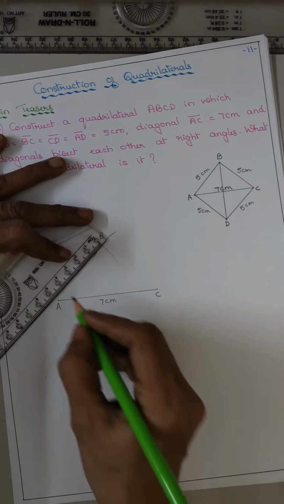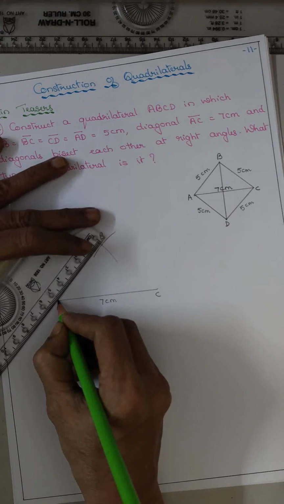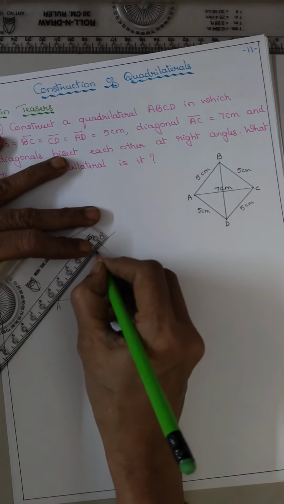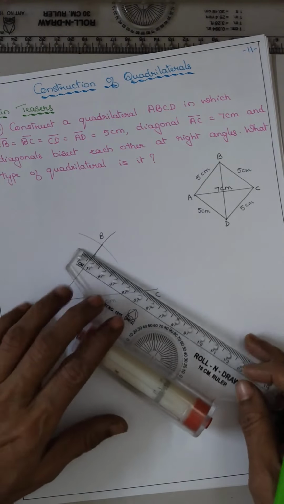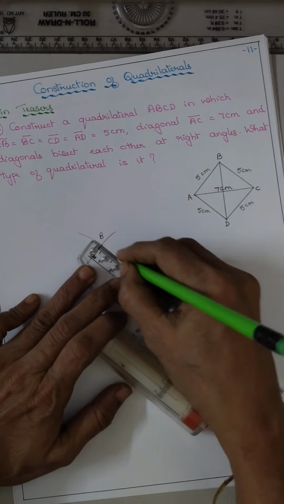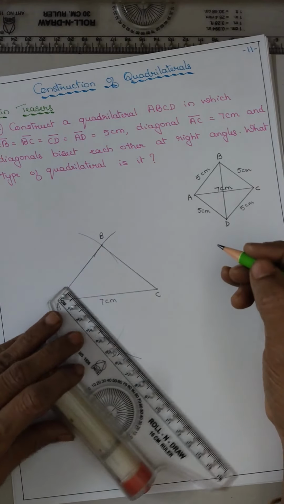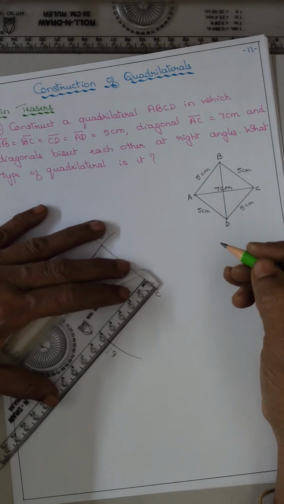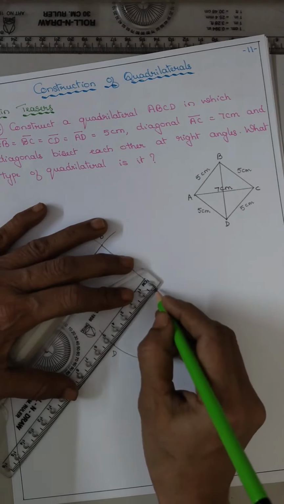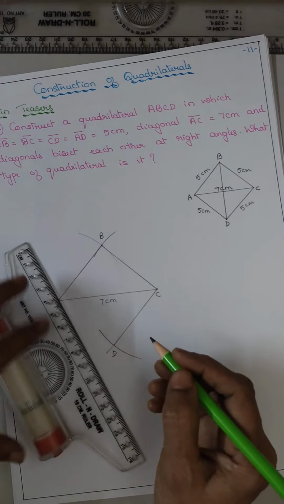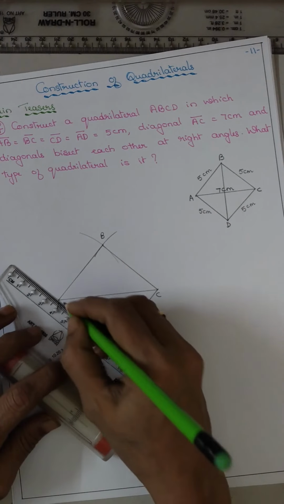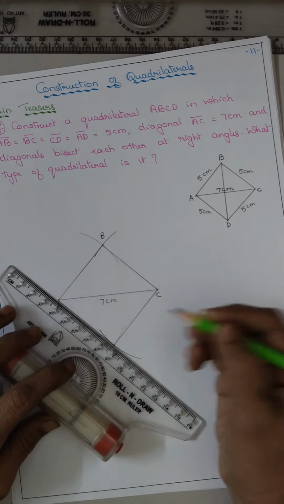It is AB, 5 centimeter, BC 5 centimeter, CD 5 centimeter and AD 5 centimeter.